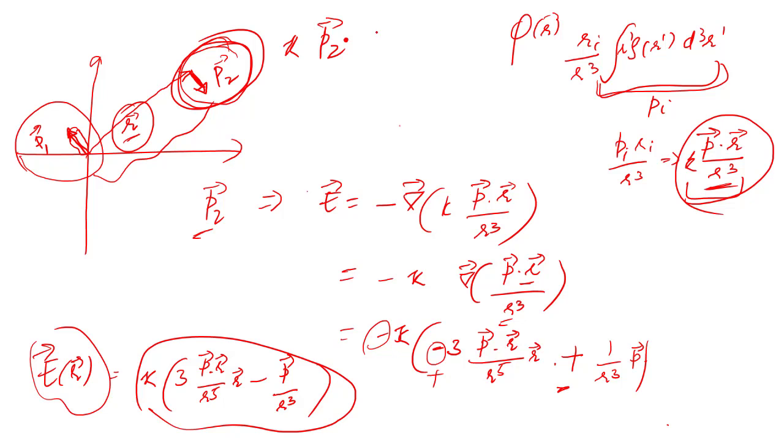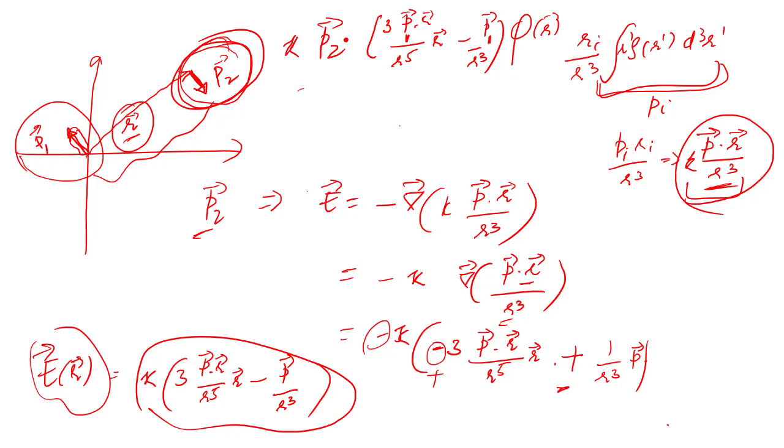So I have k times P2 dot 3 P dot R by R to the power 5 R minus P by R cube, P1 by R cube, and this is P1 because the electric field is coming from P1, right?